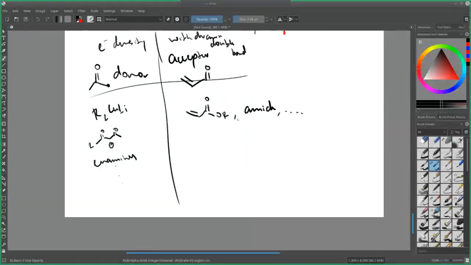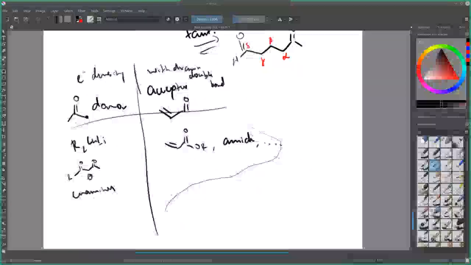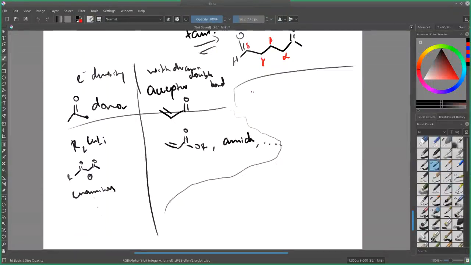These are the ones that you use. Okay. There's also a nitrile and a nitro group, and I guess those are relevant too, but you don't need to worry about those so much. Okay. That's the whole deal with Michael donors and acceptors.